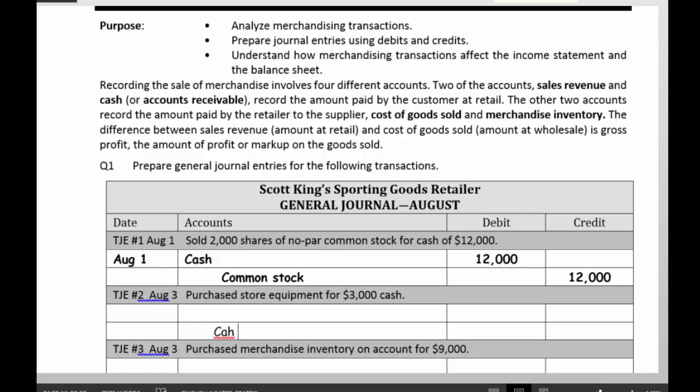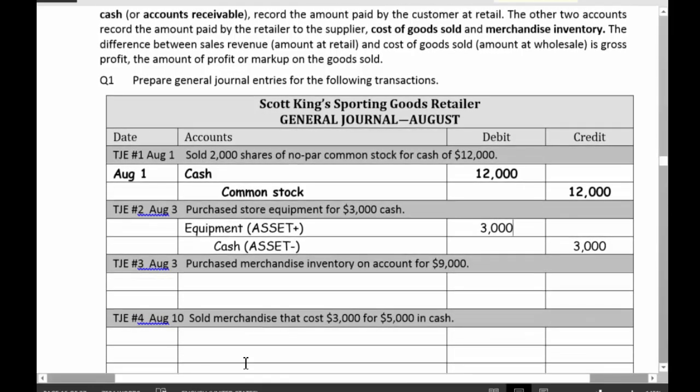Because cash is going out, that's an asset going down, so it is going to be credited for $3,000. What account are you going to debit? Equipment, that's an asset going up, $3,000.